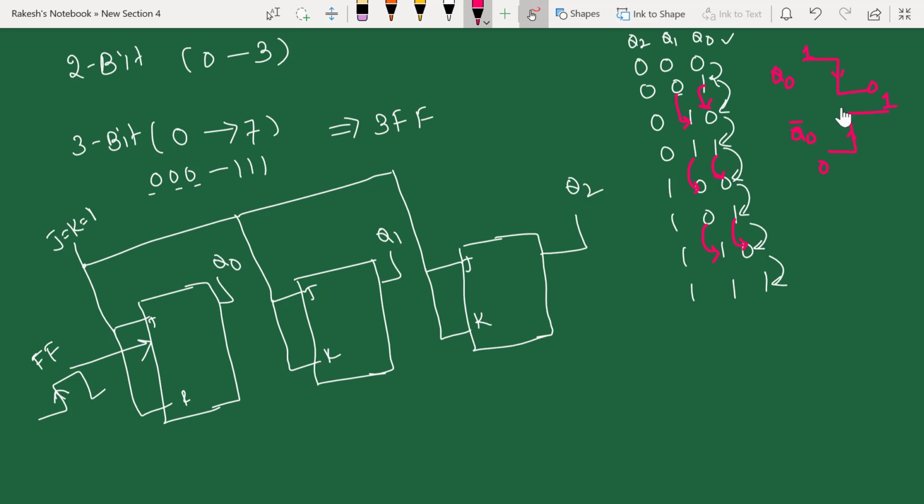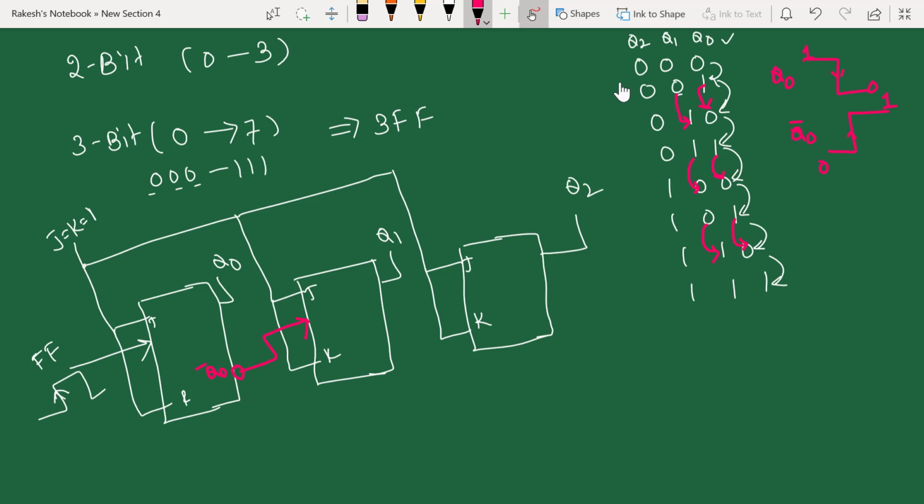So this signal will act as a clock for the second flip-flop, and only then can we toggle in an appropriate way. So I'm going to take my Q0 bar and give it as a clock to the second flip-flop. This second flip-flop will toggle whenever your Q0 bar moves from 0 to 1. This will happen whenever your Q0 moves from 1 to 0.